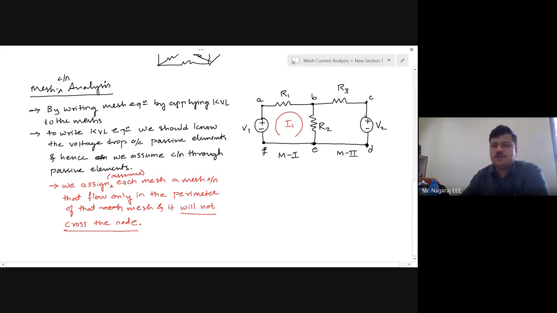It will not flow through R3. This is an assumed current. I1 will flow through only V1, R1 and R2. Similarly, I will assume another mesh current, say I2, which will flow only through V2, R2 and R3, and it will not flow through R1 and V1.